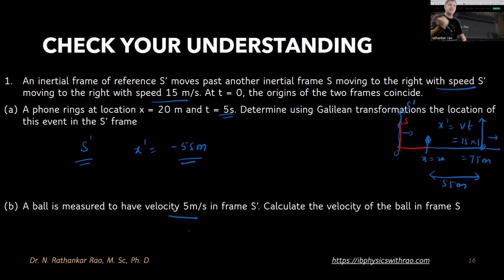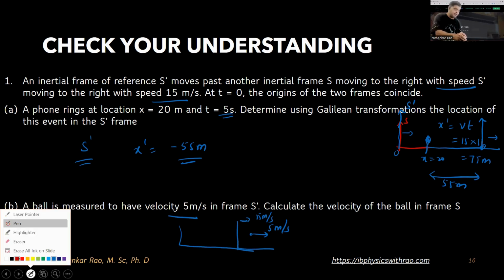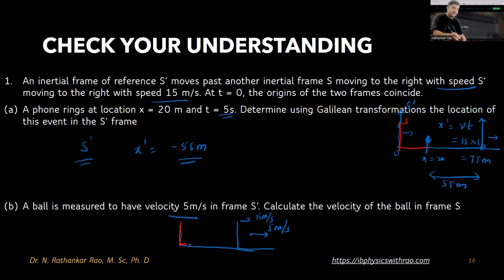I should add the velocities, because in this frame the ball is moving with a velocity of 5 meters per second, but the frame itself is moving with a velocity of 15 meters per second. So with respect to the stationary frame, what is the velocity here? The velocity here will be 15 plus 5, which is equal to 20 meters per second.